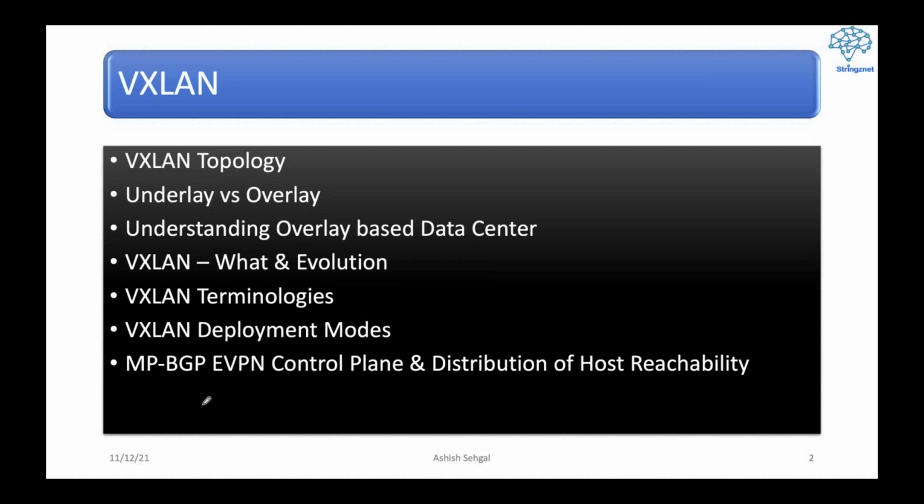The topics which we are going to cover in this particular technology: first of all, we will understand the topology. Understanding VXLAN topology is important from the point of view of understanding ACI as well. We will compare and differentiate underlay versus overlay.